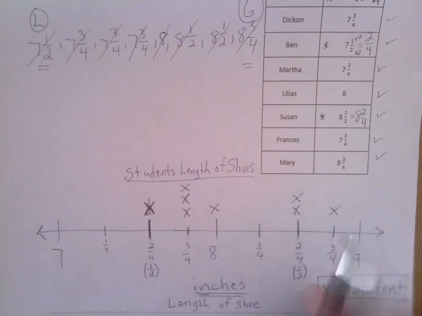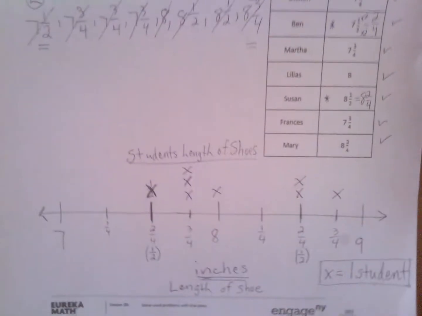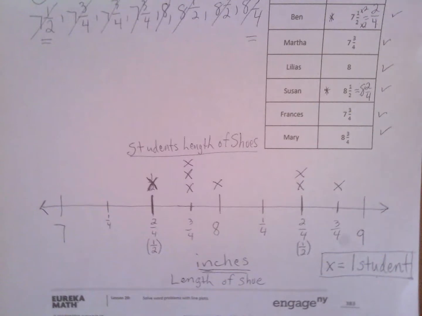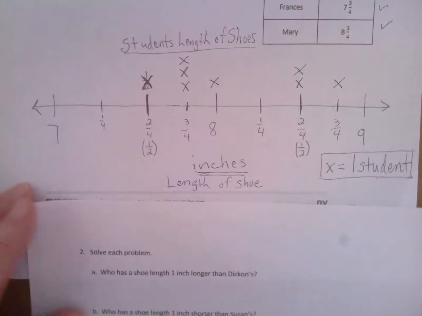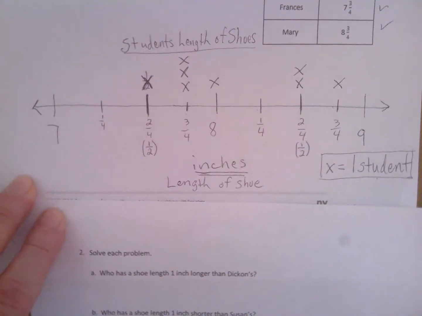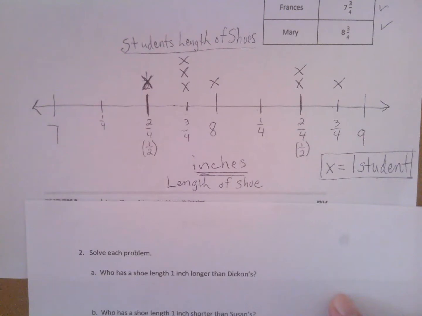Now we're going to use this information from my line plot to answer the following questions. Question number 2 says, who has the shoe length 1 inch longer than Dickens?